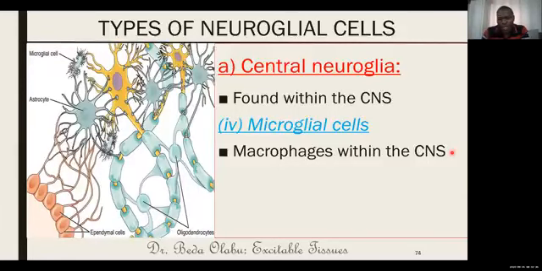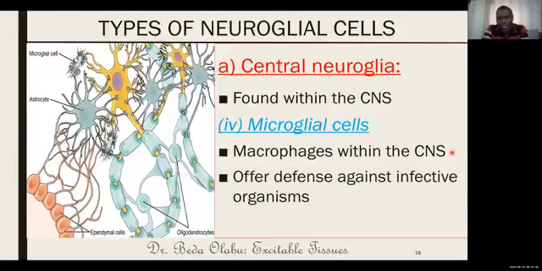So anyway, because microglial cells are macrophages within the central nervous system, they therefore offer defense against infective organisms. In simple terms, they have a role in preventing against infections. This role is immunity. They're the immune cells of the central nervous system.